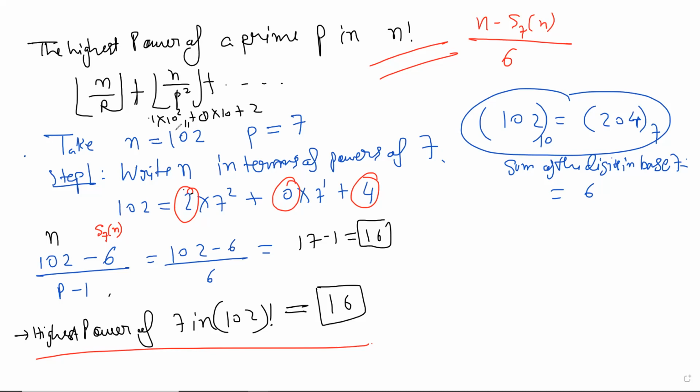Also, if it's not clear what exactly we have done, then please tell me. Okay. Then we can try to prove why these things are equal. Okay. Yeah. Let's see.